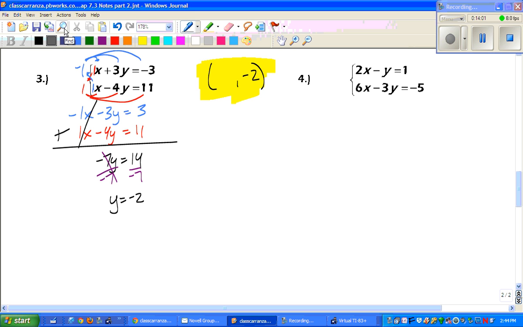And like all the other ones, it doesn't matter which one you do. Okay? Just one of the originals. I'm going to do the top one. Equals negative 3. X minus 6 equals negative 3. Add 6 to both. You get x equals 3.